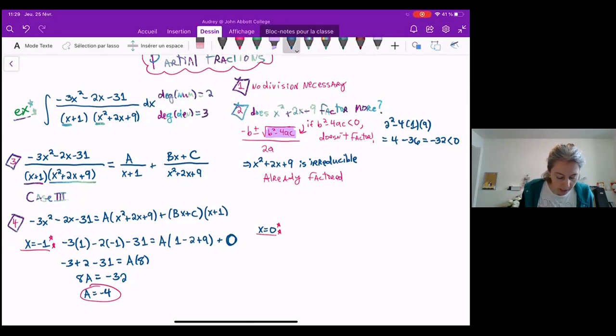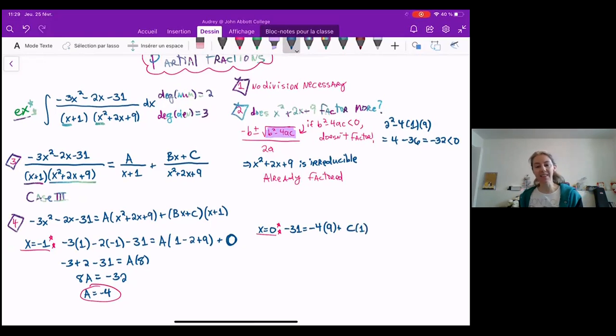And when I do, I get 0 plus 0 minus 31 is equal to a, which is negative 4, 0 plus 0 plus 9, so negative 4 plus 9, plus b times 0, so this is just c here, times 0 plus 1.